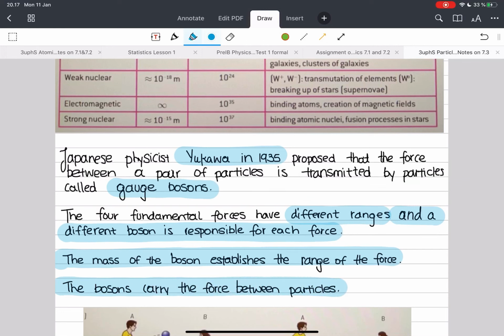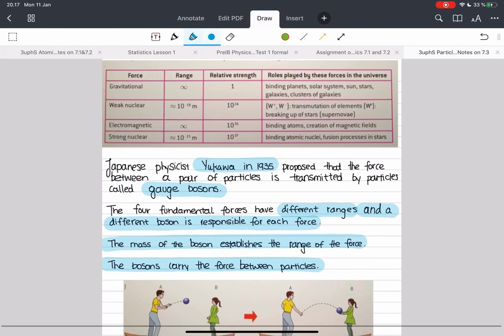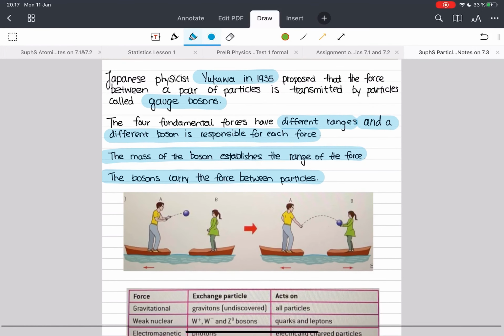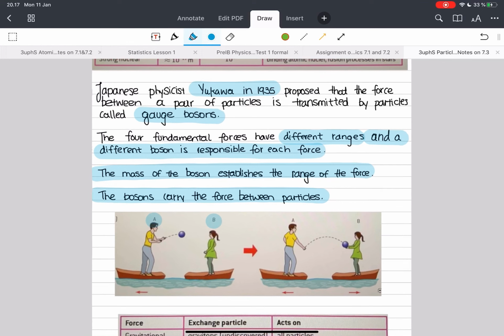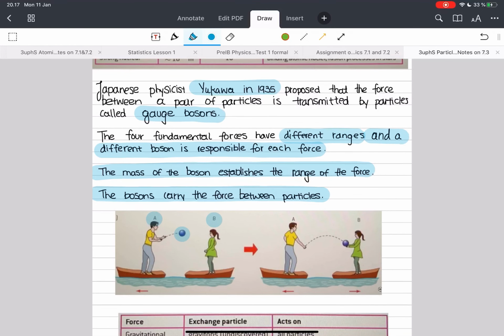All those are important things, that's why I wrote them down. So imagine that you have particle A and particle B, they interact by transmitting those particles called gauge bosons. So this is your gauge boson in this case. The force takes place through the transmission of this boson.